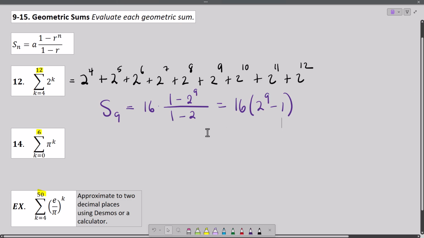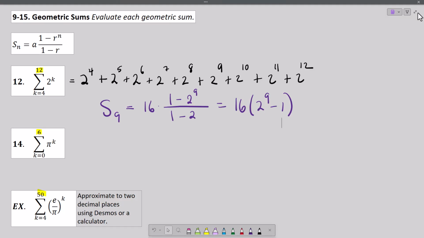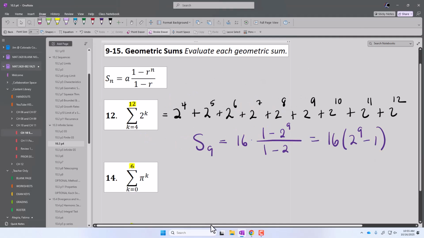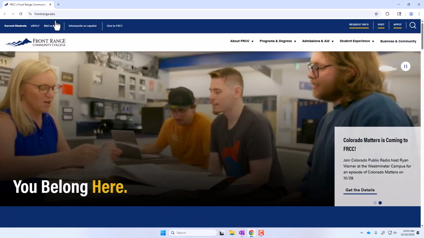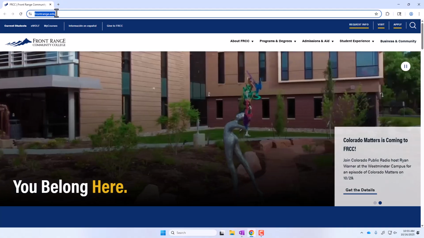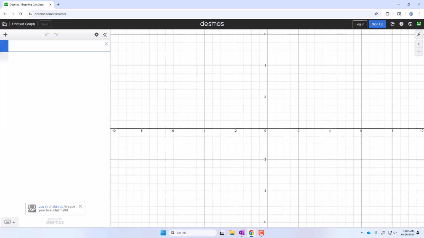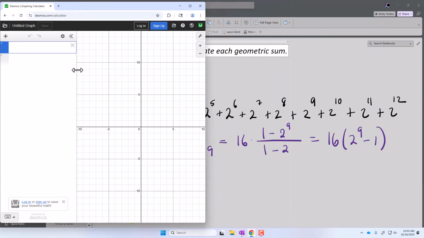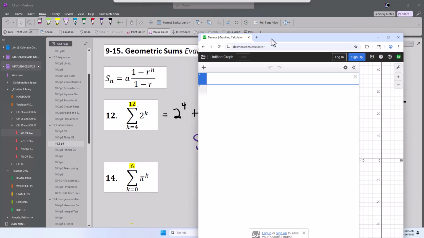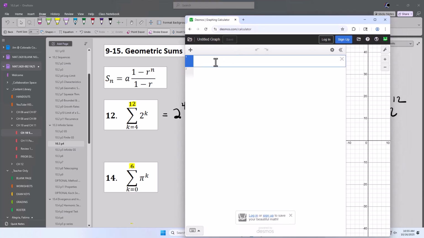Let me just show you something in Desmos, which is pretty slick. Desmos is an amazing tool to check your work or to do analysis of all sorts of things. So we can do this straight in Desmos also. We just type sum.